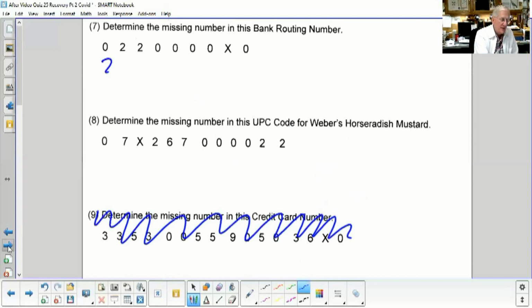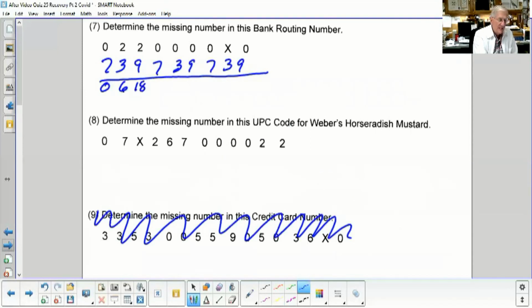This, remember, is 739, 0, 6, 18, or 8, 0, 0, 0, 0, 3x, and 0. I think I've got a good chance at being able to add across here without screwing it up like the last class I did.